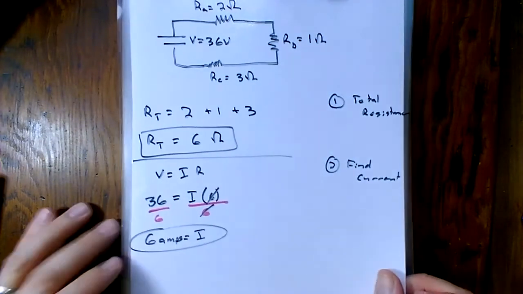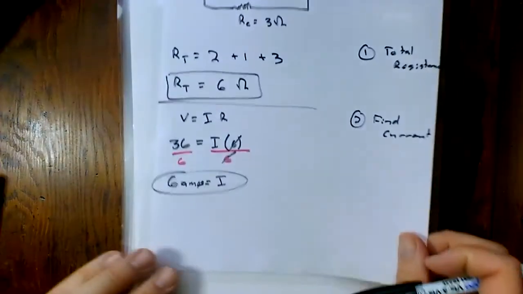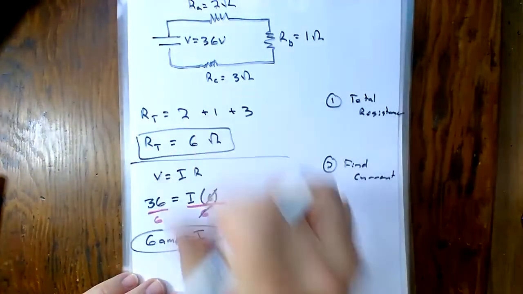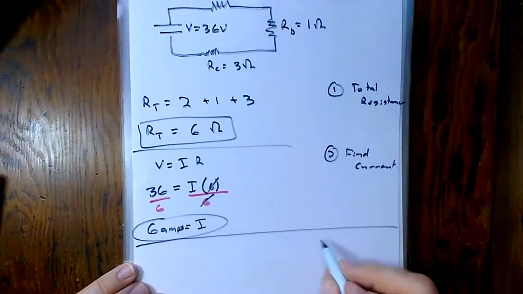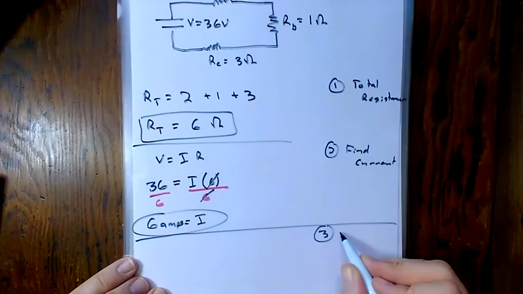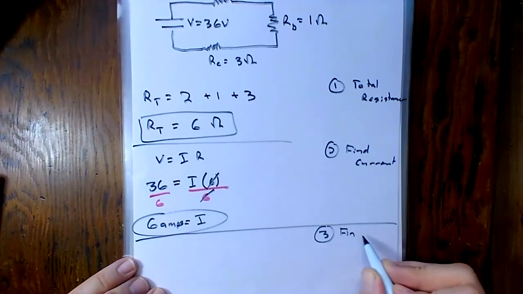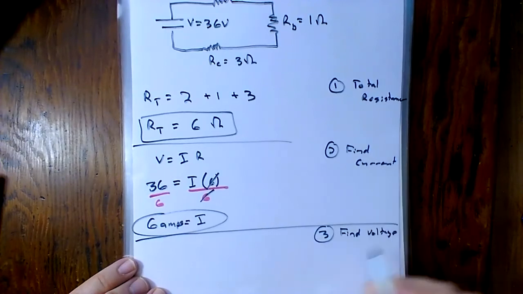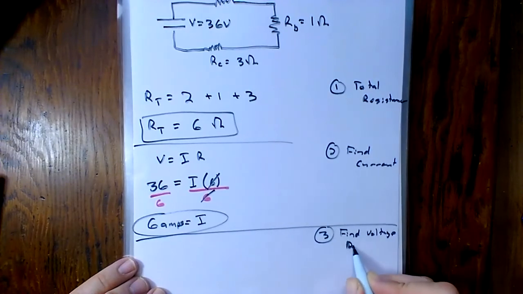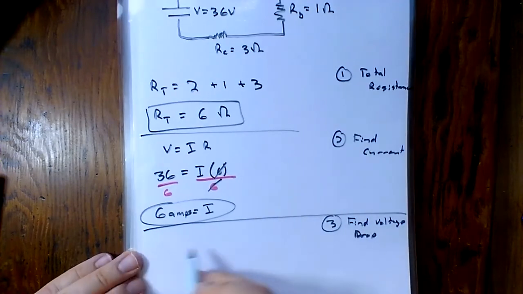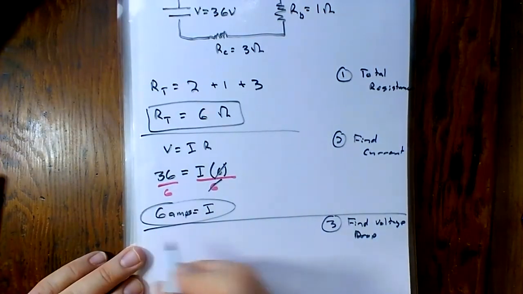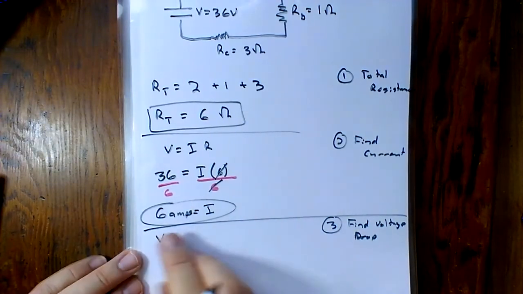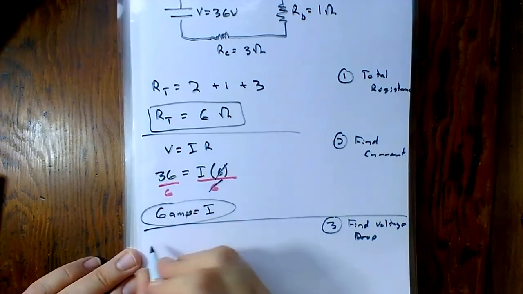And now we can figure out what our voltage drop is across any of these. So let's do this for resistor A, shall we?